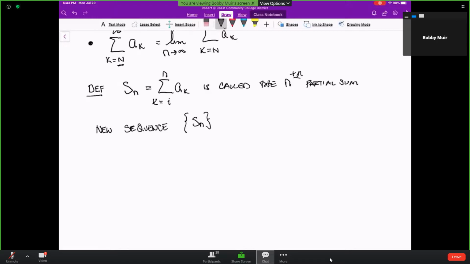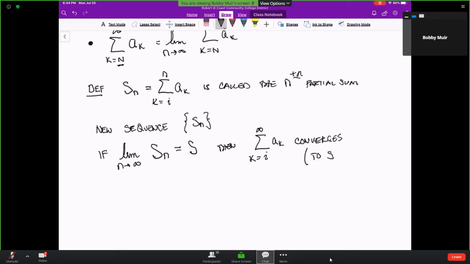And so the way we're going to decide if the infinite sum converges or not: if the limit as n tends to infinity of s sub n is equal to s, then we say that the sum from k equals i to infinity of the a sub k, as long as we're starting at the same spot, converges, in this case to s.